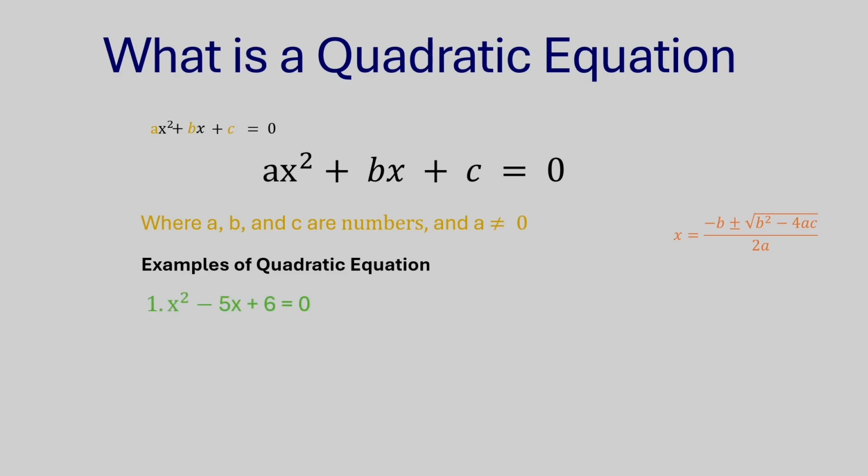This is the same formula that we use to derive the quadratic equation, and at some point in the future I'm going to show you how to derive that. As you can see here, we are going to do two examples of quadratic equations. The first one is x squared minus 5x plus 6 is equal to 0, and the second example is 2x squared plus 3x minus 7 is equal to 0.